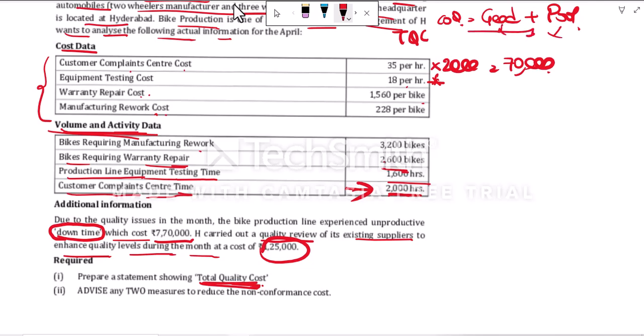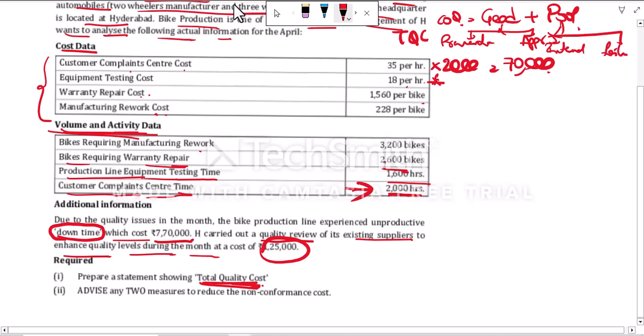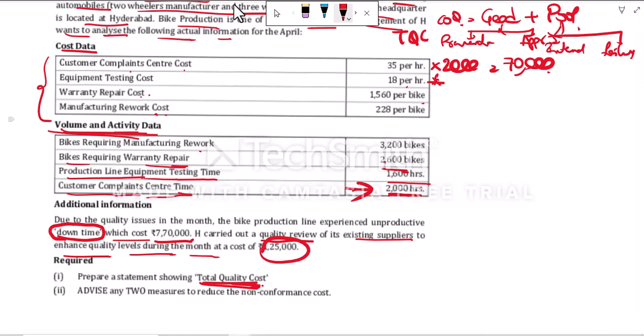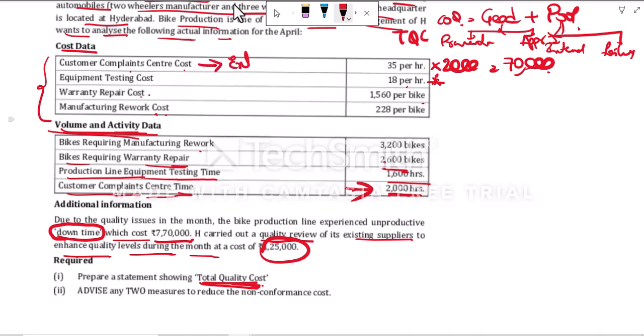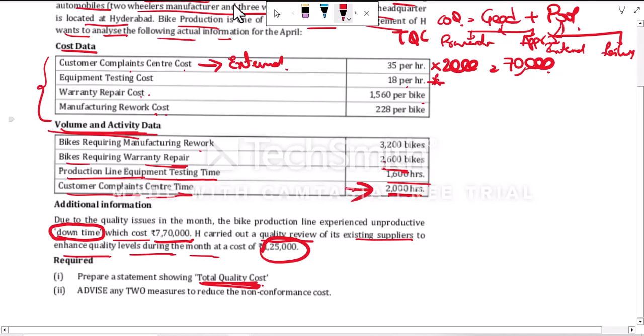In good quality we have two types: prevention and appraisal. And in poor quality, internal failure and external failure. So bifurcate among these which cost is of what type. Customer complaint cost is incurred after selling to the customer, so it is external failure cost. Next, equipment testing cost.